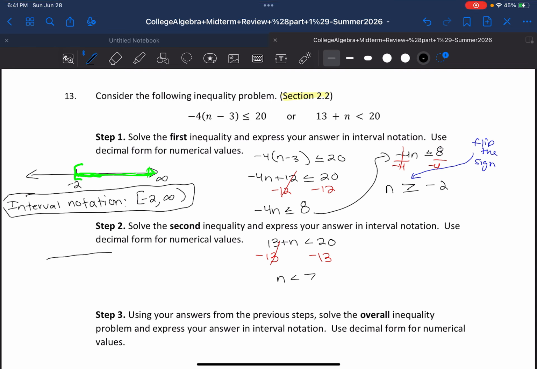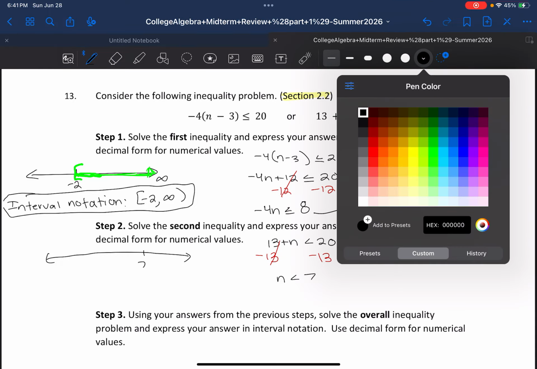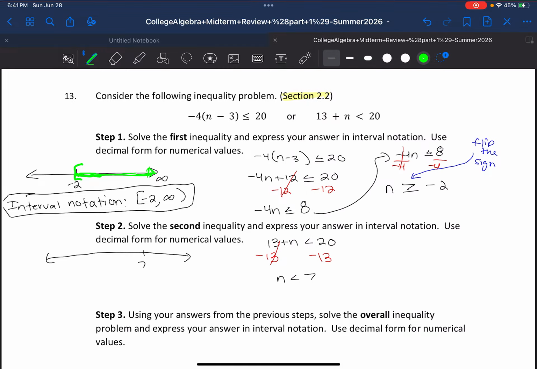And so on a number line, if this was 7, we're shading everything less than 7, and this is strictly less than, so it does not include 7, so that would be a parentheses, shaded to the left, or an open circle.